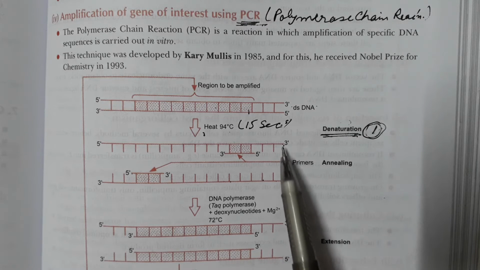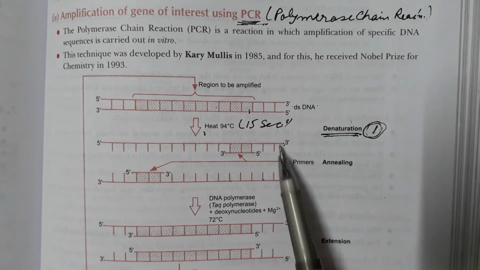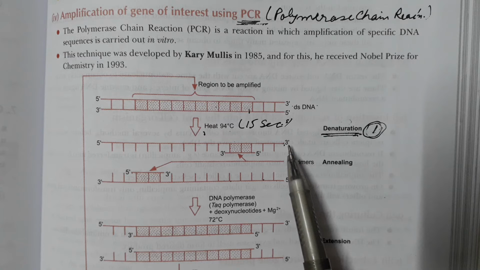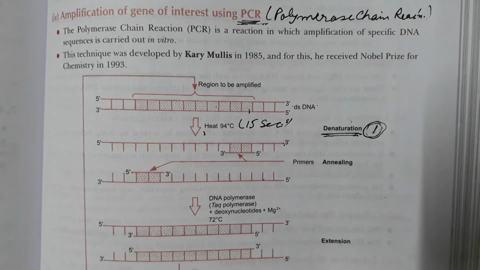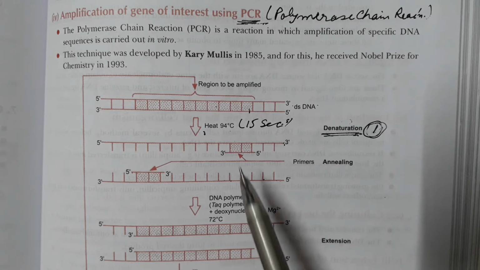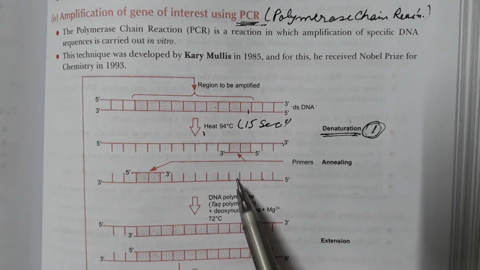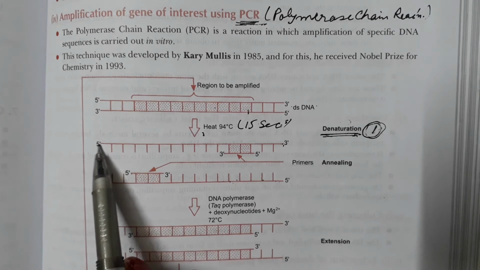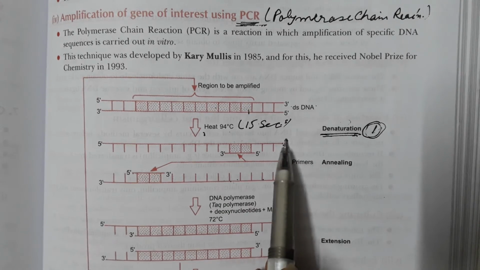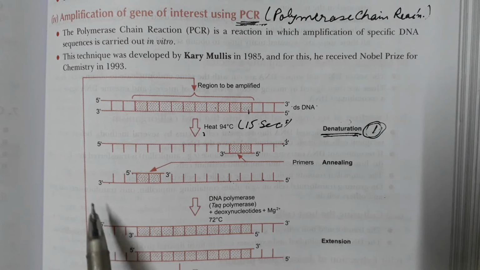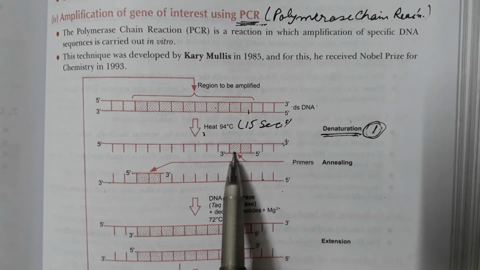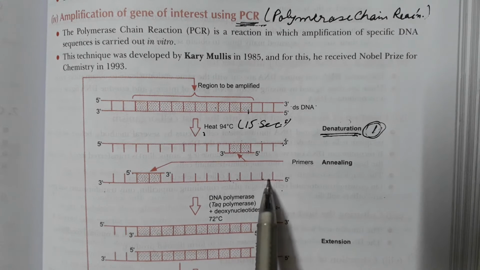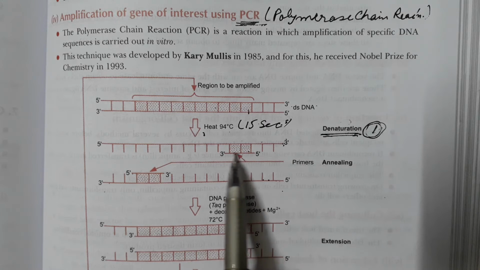These are the two separated DNA strands obtained after denaturation. The direction of one is 5' to 3' and the other strand is 3' to 5'. Primers are added on each template DNA towards the 3' end.